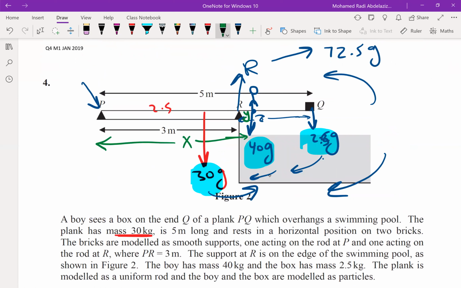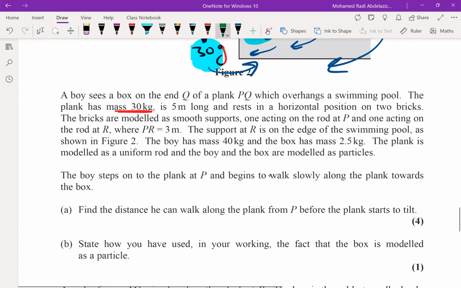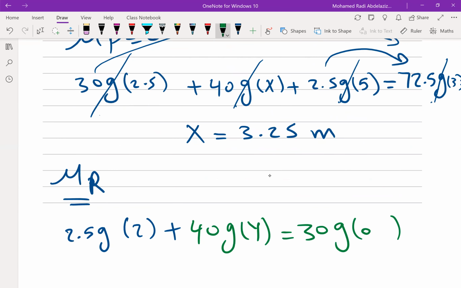If this distance is 2 and this distance is 3, so add 2.5 to this part, only 0.5 will be 0.5.